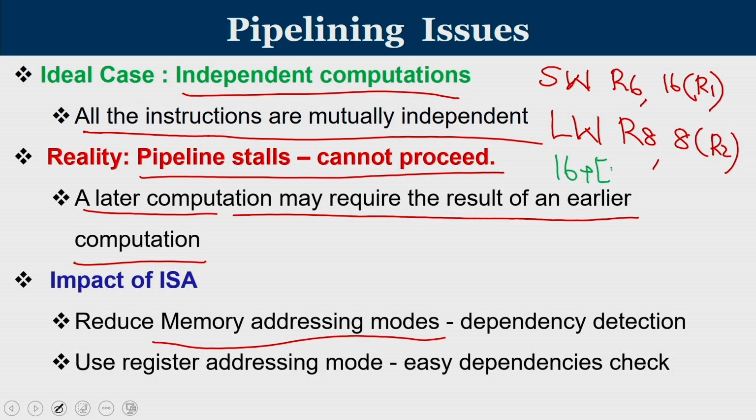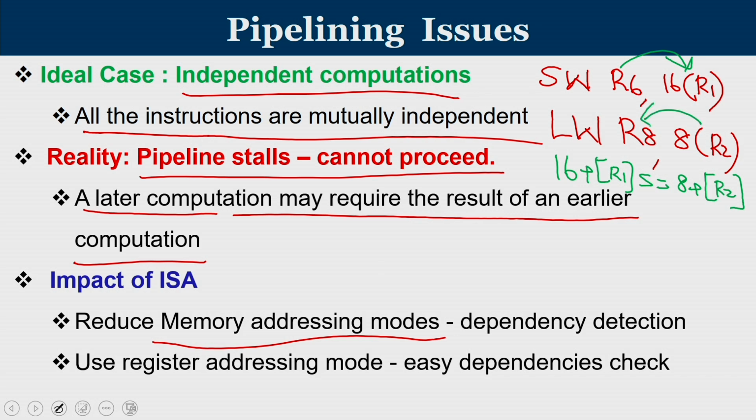16 plus content of R1 is equal to 8 plus content of R2, which we will come to know only at runtime. If R2 plus 8 is the same as R1 plus 16, then actually the store is going to write into a location from which the load is going to read.